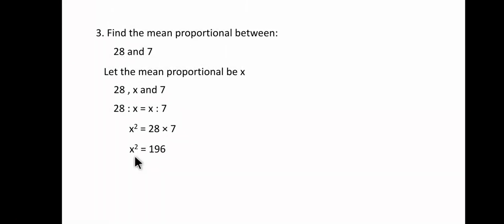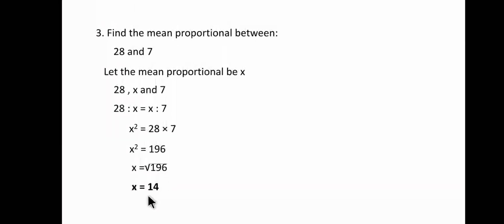So to get the value of x, we find the square root of 196. So x is equal to the square root of 196, and the square root of 196 gives x equal to 14. So 14 is the required mean proportional between 28 and 7.